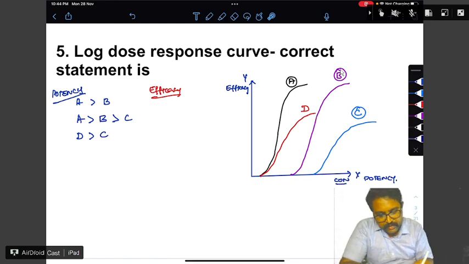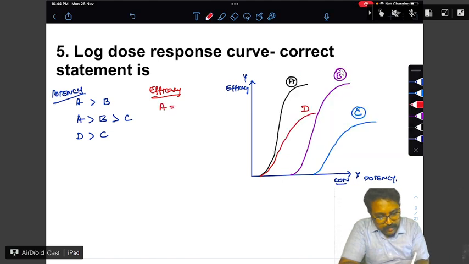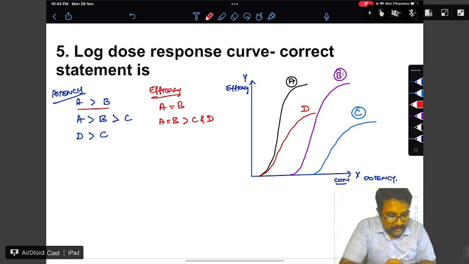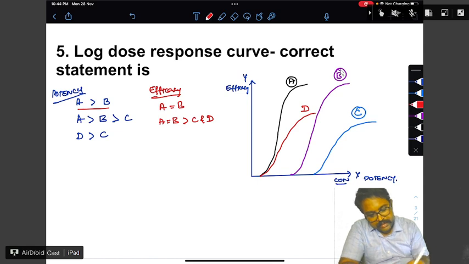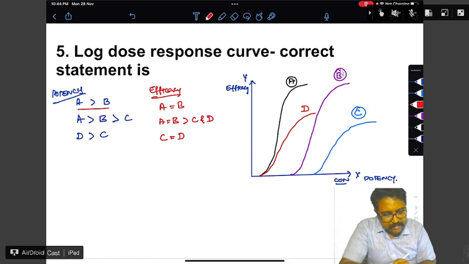It is A and B. So A and B are equally efficacious, but potency wise A is more potent than B. A and B are more efficacious than C and D. C and D have similar efficacy, but D is more potent than C.